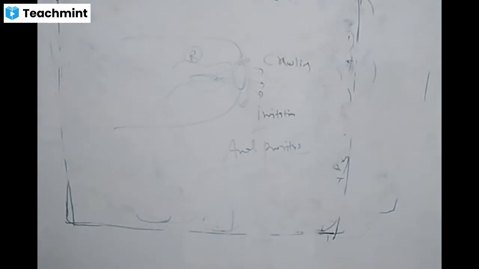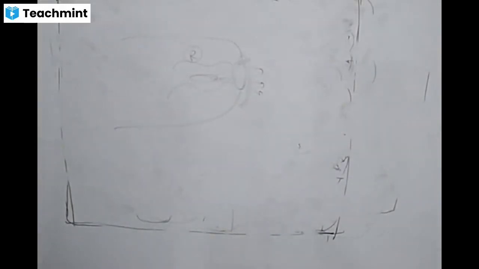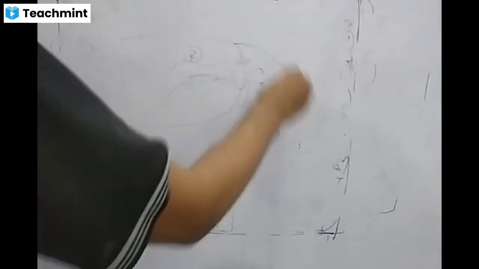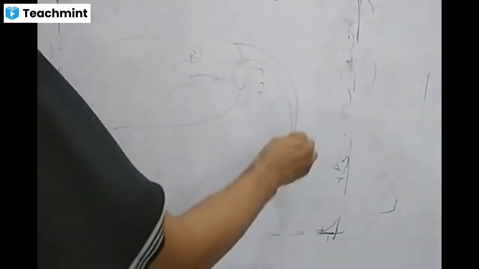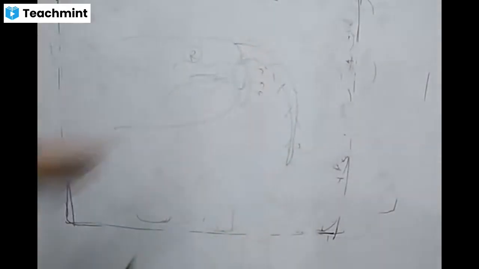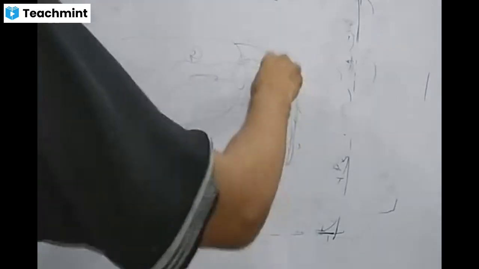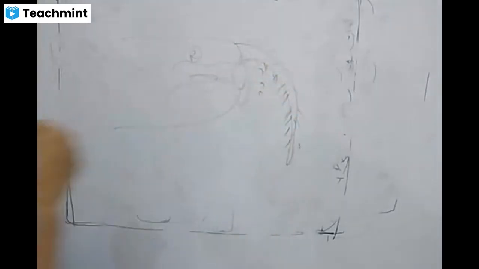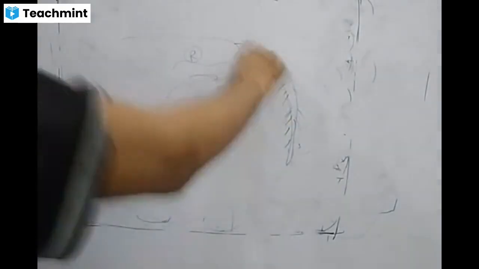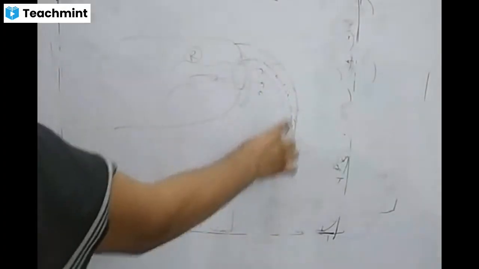And because of this anal pruritus, the animal, suppose this is the tail of the animal, because of this irritation, the animal keeps on rubbing its tail with some structures, and if you rub the tail, there will be loss of hairs.